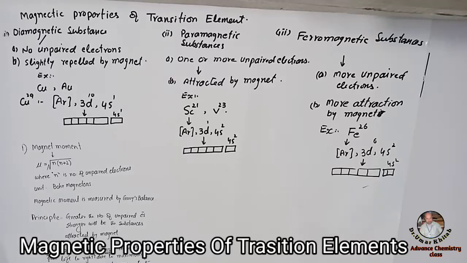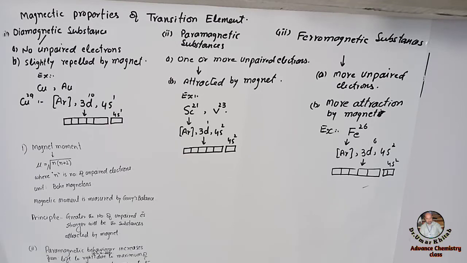Now come to the magnetic properties of transition elements. When substances are subjected to an external magnetic field, they show different types of response. This behavior is due to the presence or absence of unpaired electrons in d orbitals.